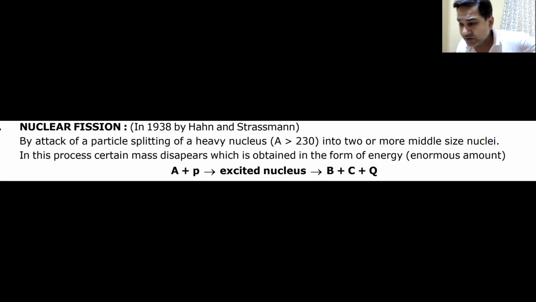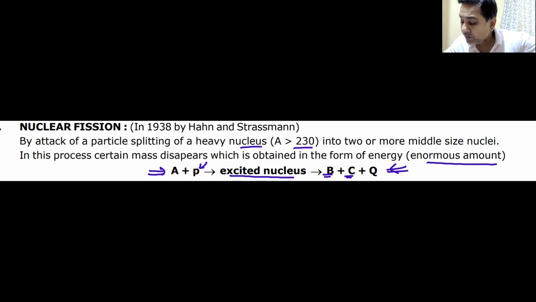You just have to remember the equation. They bombarded a heavier nucleus whose mass number was more than 230. I hope you understand. Bigger the nucleus, more unstable it is. This is the nucleus that they bombarded with a particle. What they get is an excited nucleus in an excited state, and this nucleus in an excited state gave rise to B, one daughter, C, another daughter, and Q, energy was released.